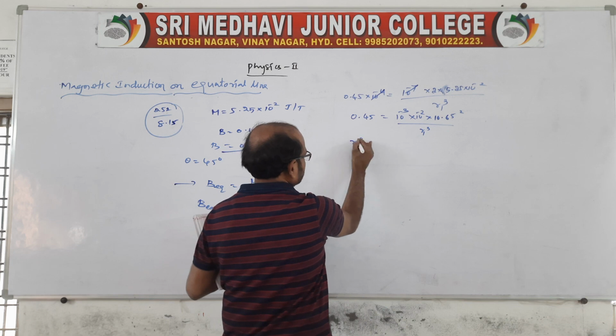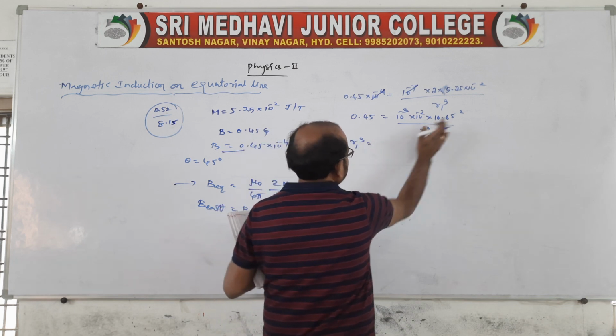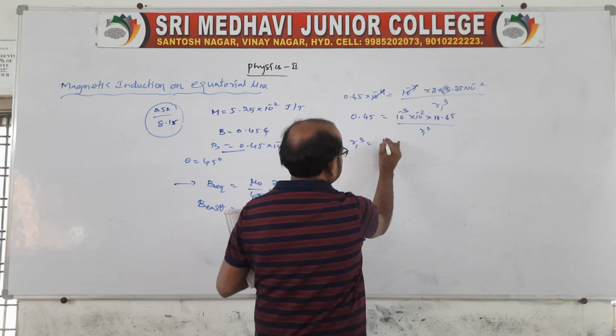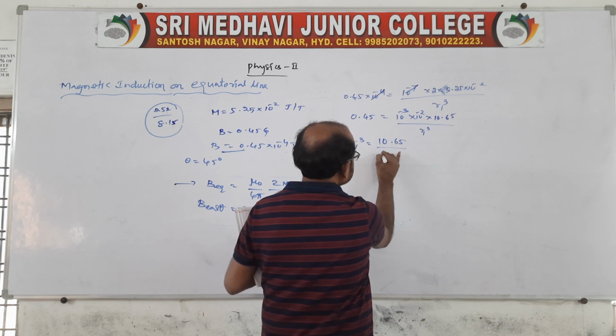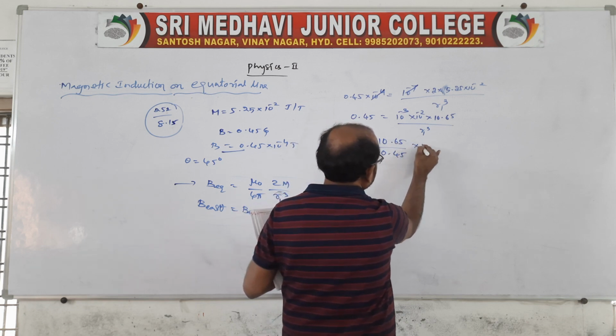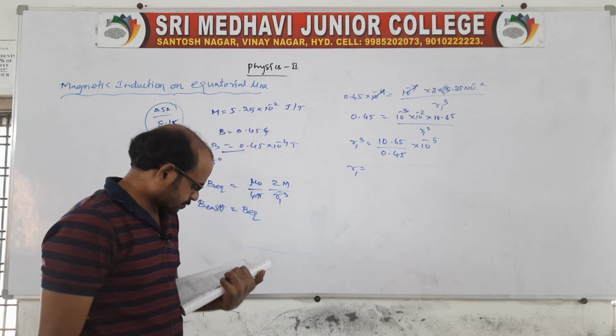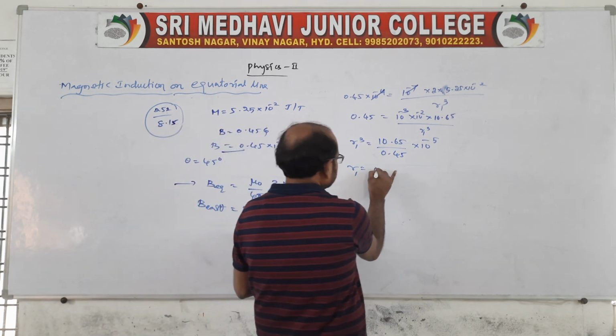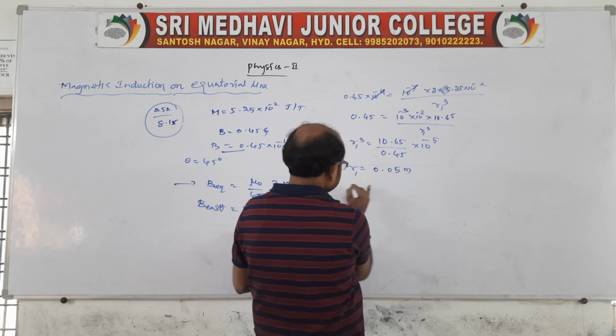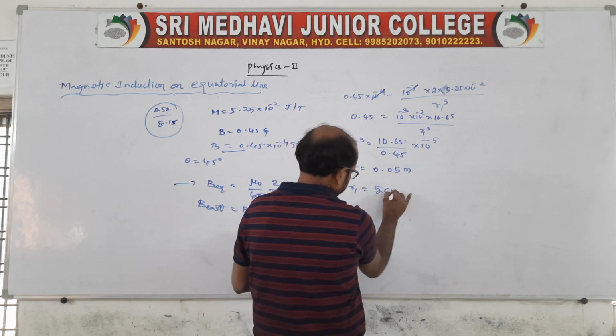So we need to get R1, it becomes 10.65 divided by 0.45 into 10 power minus 5. So you simplify this, approximately 0.05 meter. So R1 is equal to 5 centimeter.